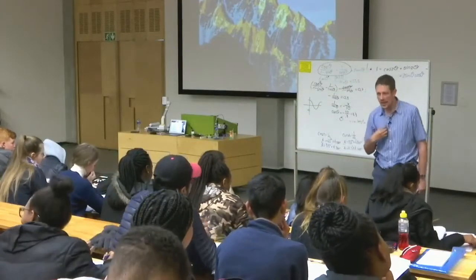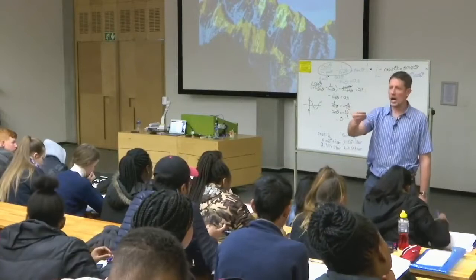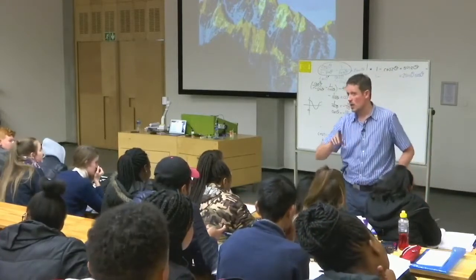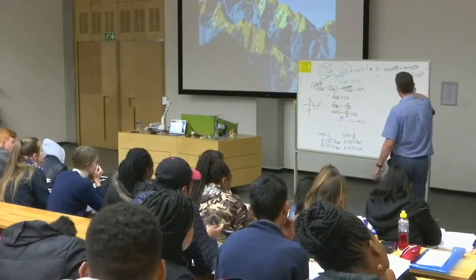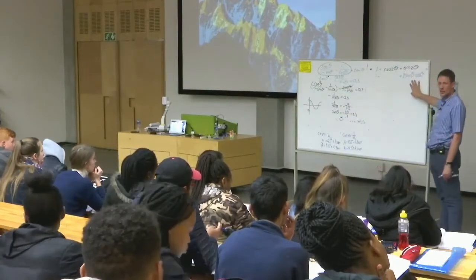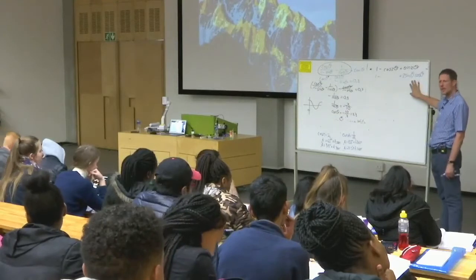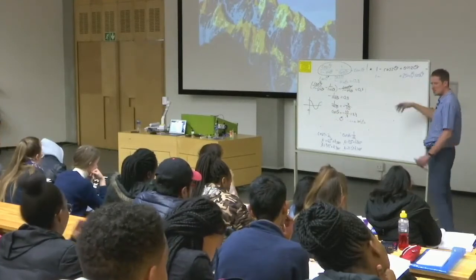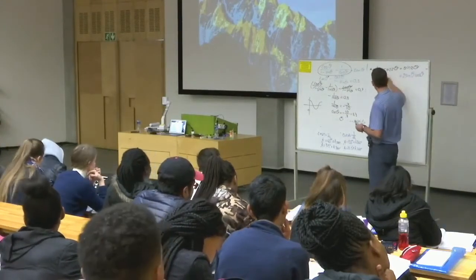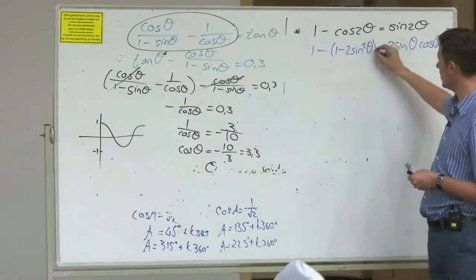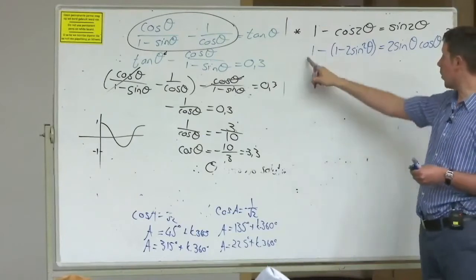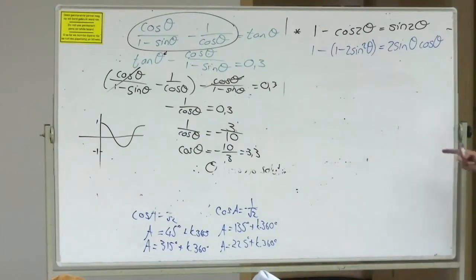Now in this case, usually I would go and change the cos into sine and cos because of the right-hand side. Usually. But in this case, I'm going to change it into 1 minus 2 sine squared theta, so that the 1 and the 1 can cancel out.